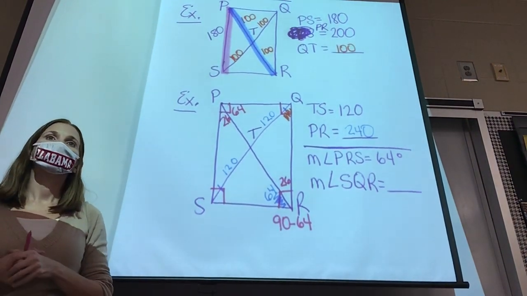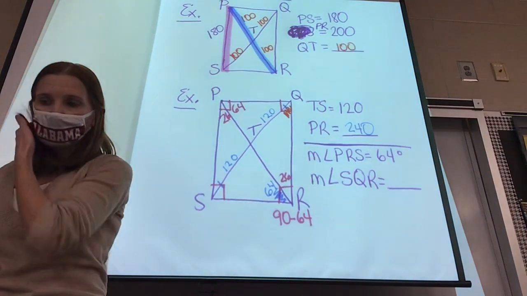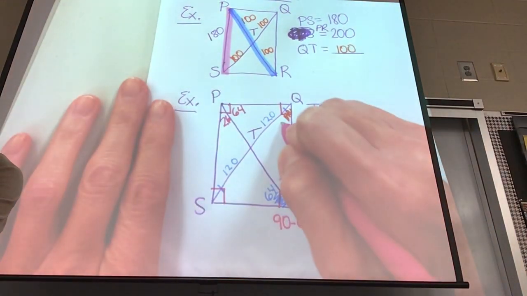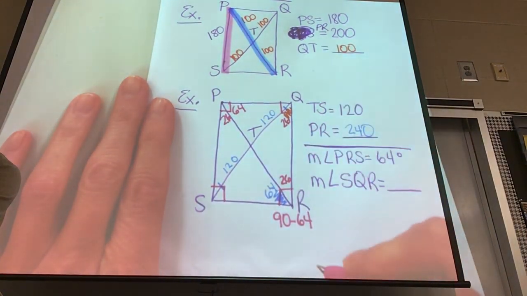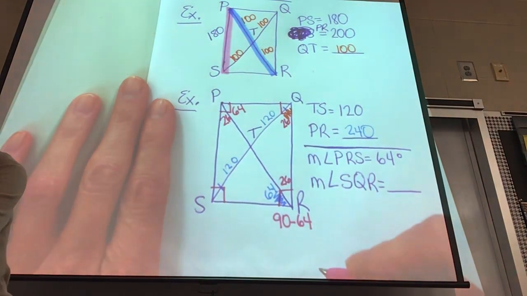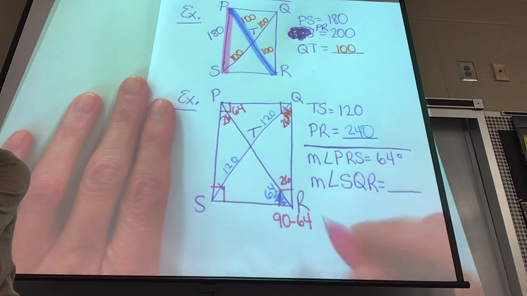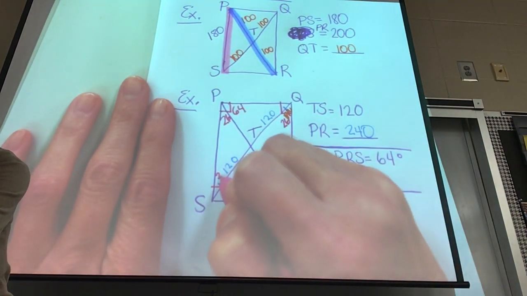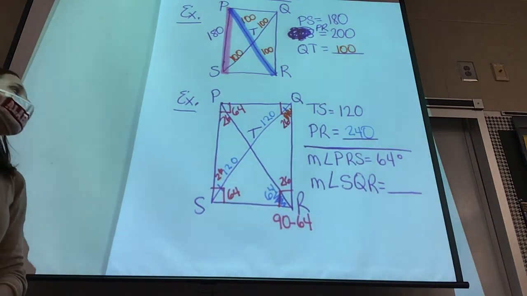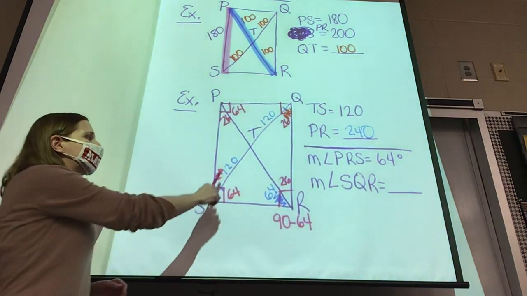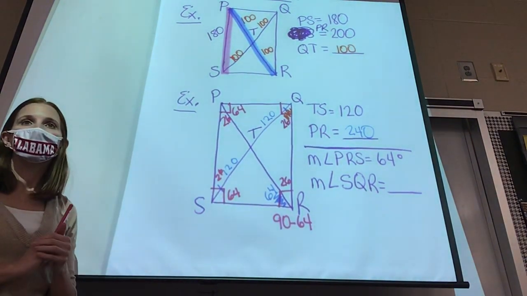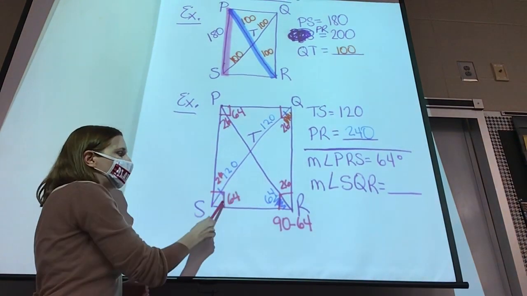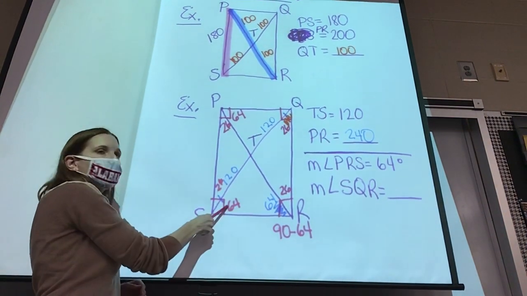Is it at all a legitimate way to get it by just thinking, oh hey, that looks like it should be mirrored? Because that's what I did. It could be, but I can't say that you would always go with that, and I don't want you to mess up by thinking that. The best thing would be to say, okay, these are isosceles, the same. So if these are the same, then both of these would have to be the same.